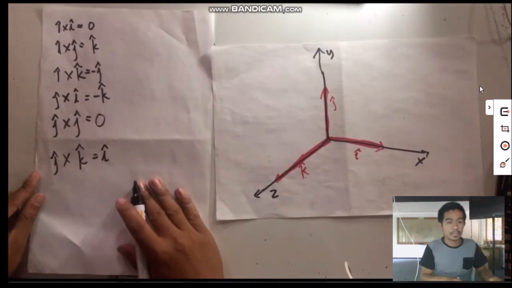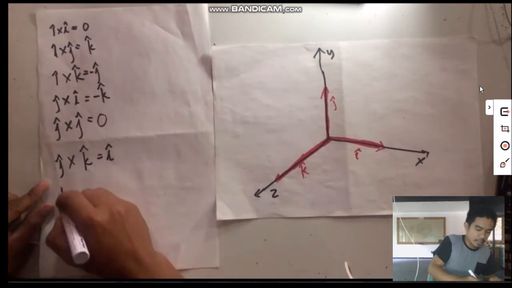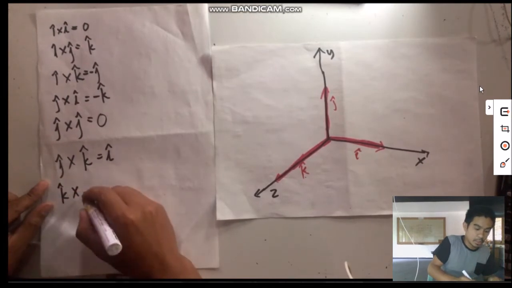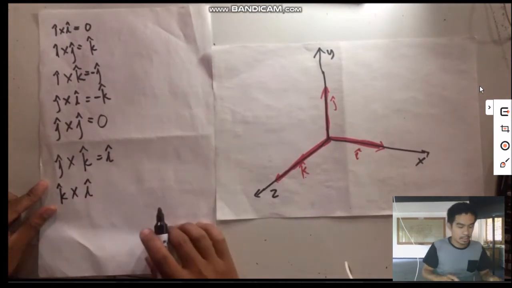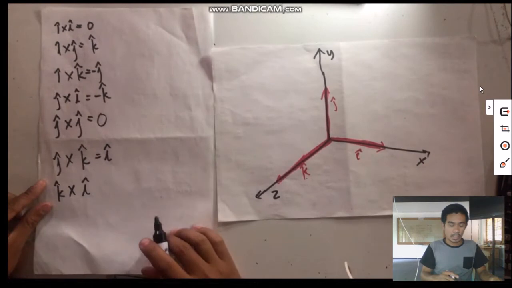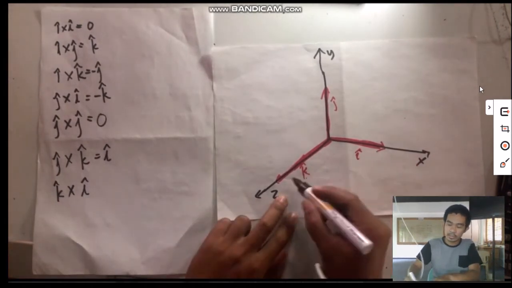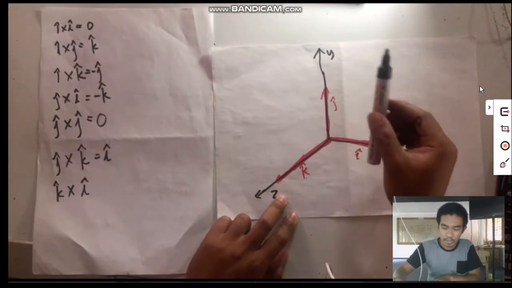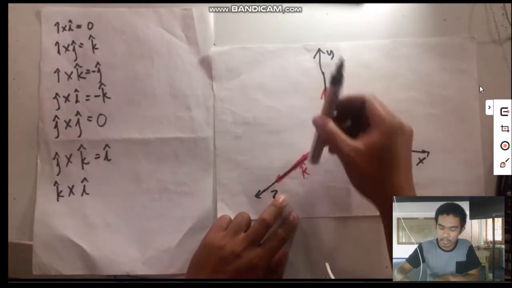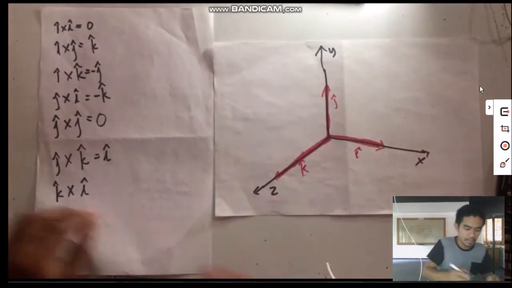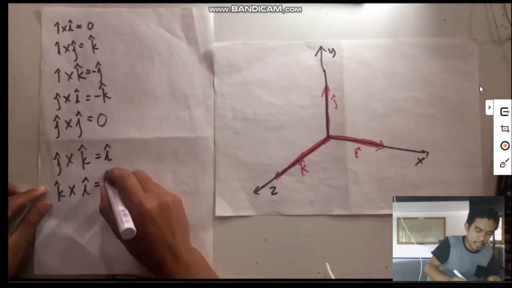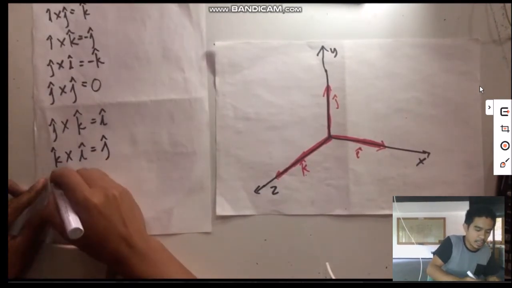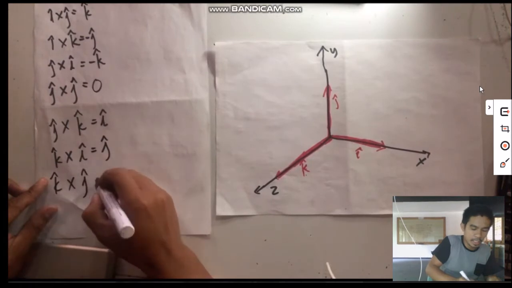Next, how about k hat cross i hat? K hat cross i hat going in that direction, the unit vector that is perpendicular to k and i is j. So we have j hat. How about k hat cross j hat?